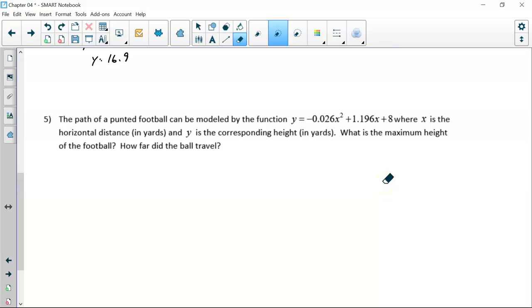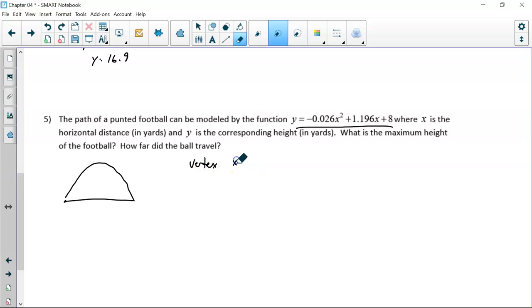A punted football. The leading coefficient's negative. Not only that, but you know the flight of a football, it goes up and then back down again. Now, we want to find out what the maximum height is and how far the ball traveled. We don't know that. This is in standard form. So what we need to do is find the vertex first.